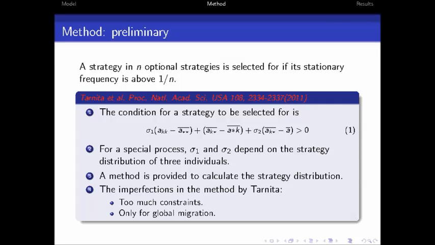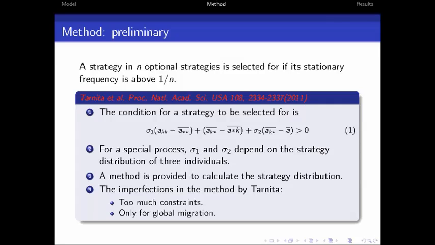This condition is presented in equation 1, where the parameters sigma 1 and sigma 2 are free of the payoff matrix. They only depend on the model and the dynamics.